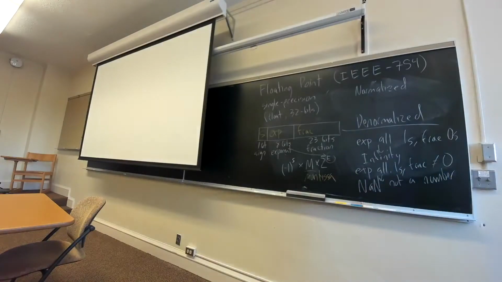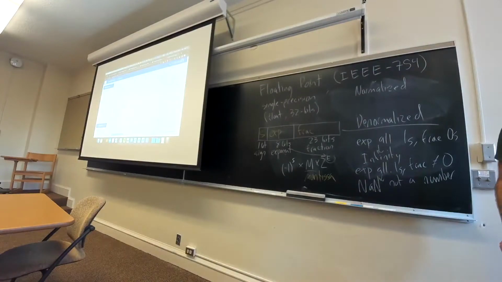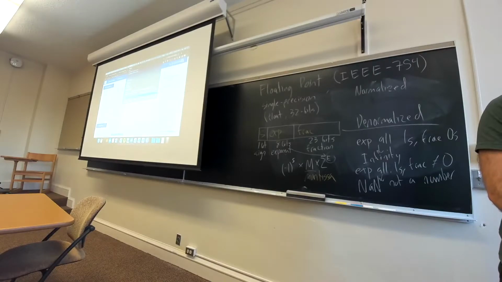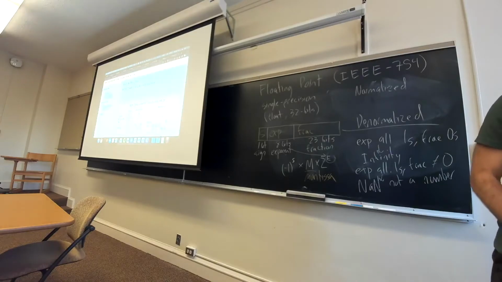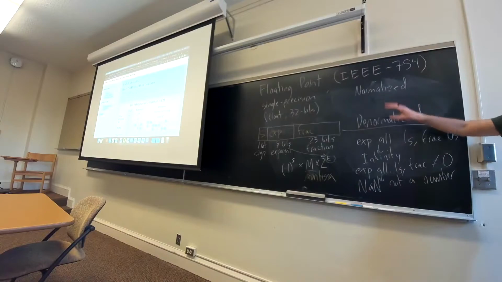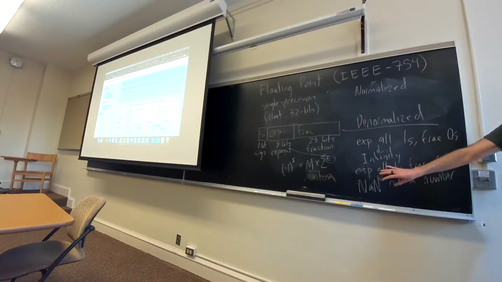All right. Questions on any of this? So, the stuff you've written down below is for denormalized? This stuff here, normalized and denormalized, these are two other modes that are separate from these two. I see.